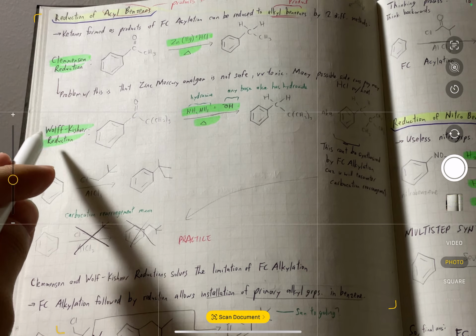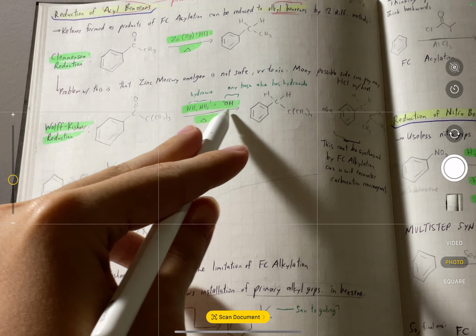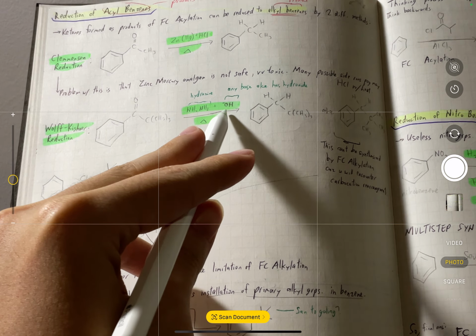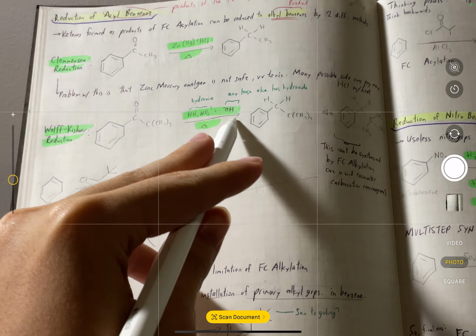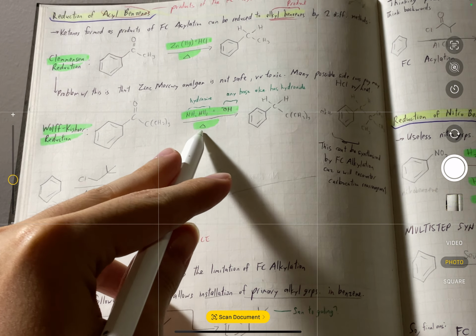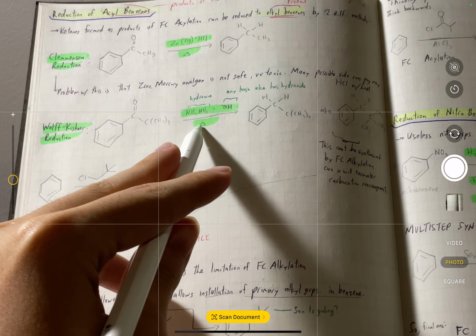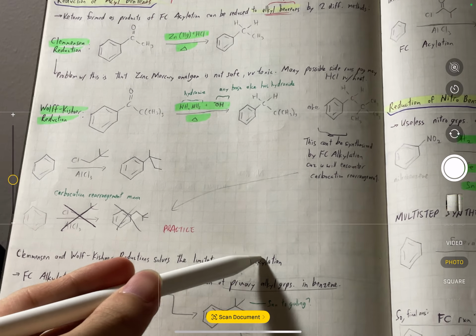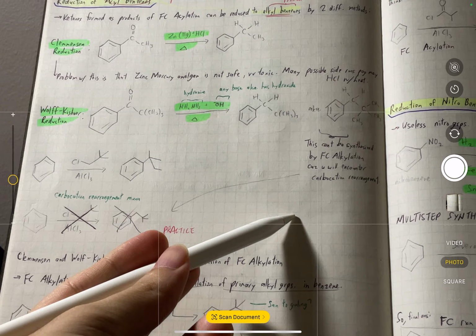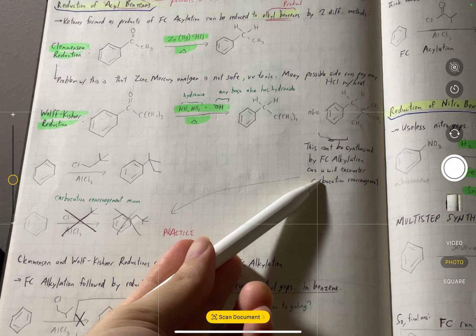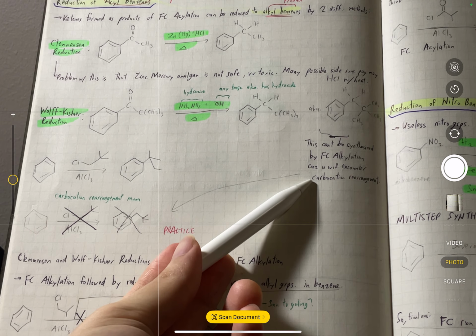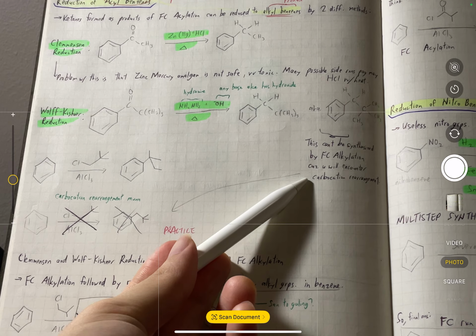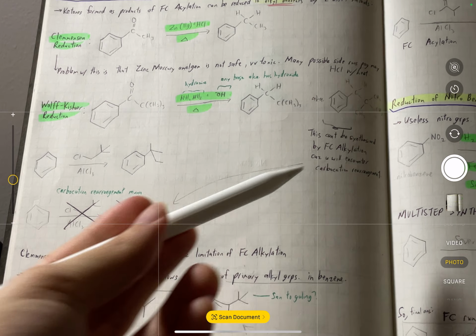So Wolff-Kishner is more efficient: hydrazine plus any base that contains a hydroxide, for example OH, and then you need heat, represented as a triangle. This one cannot be synthesized by FC alkylation because you will encounter carbocation rearrangement.